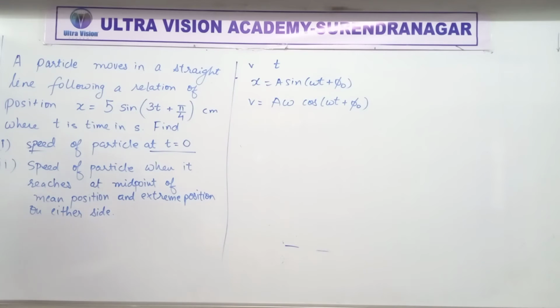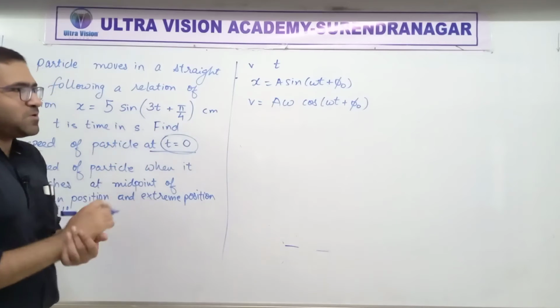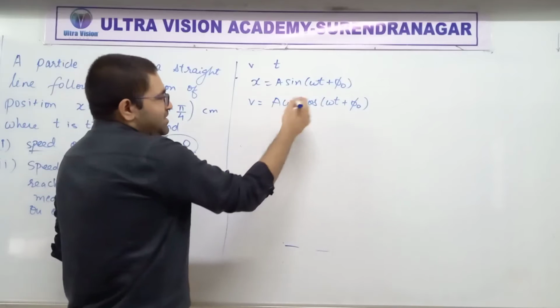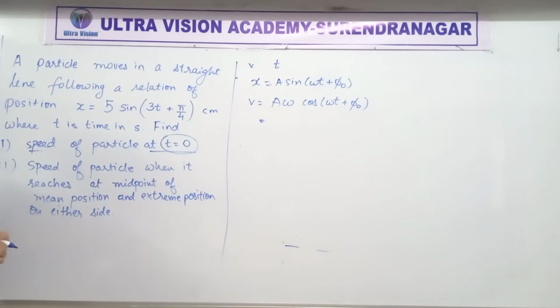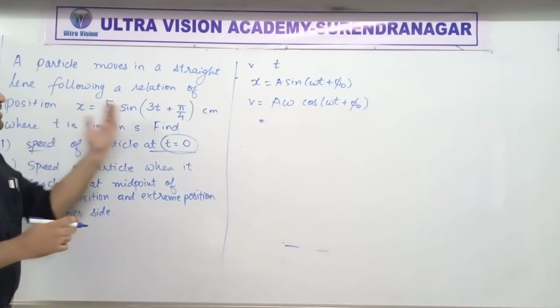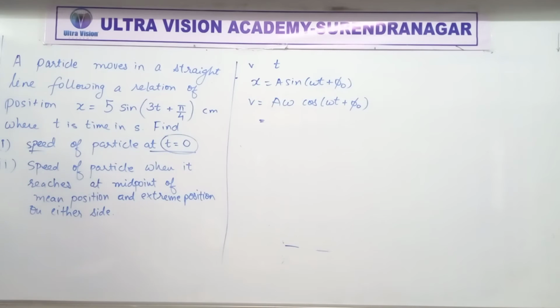Come on. So what do we have to find? We have to find speed at what time? At t equal to 0. Very easy, isn't it? Put t equal to 0 and put all the values. How much is A? Can you compare this? Can you tell me what is A? 5. Very good.